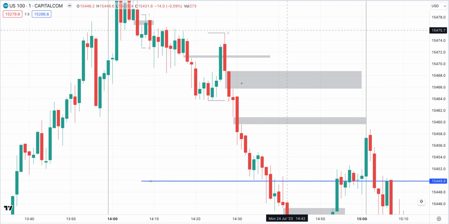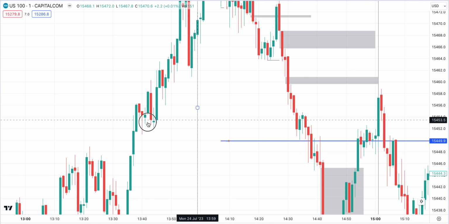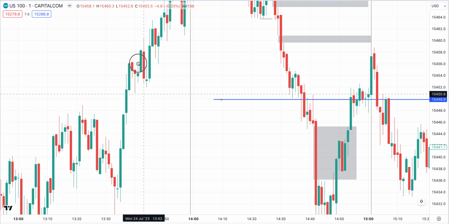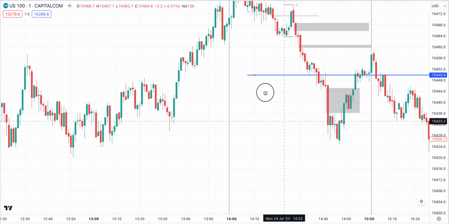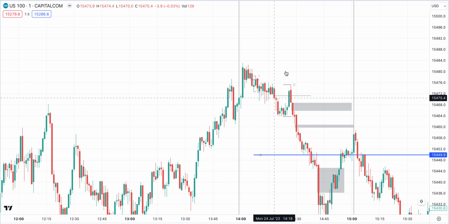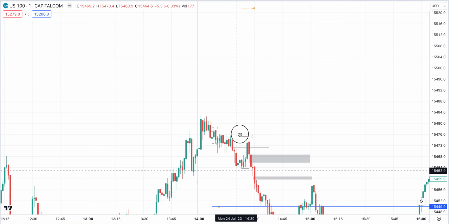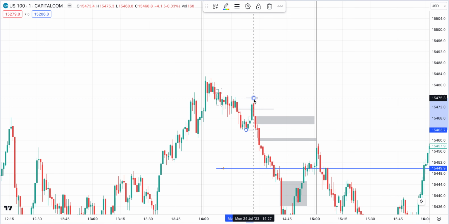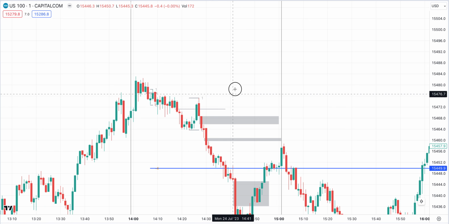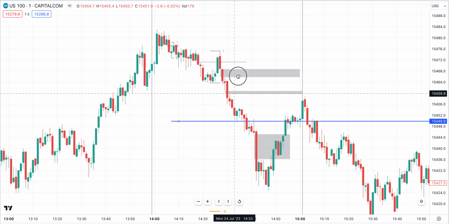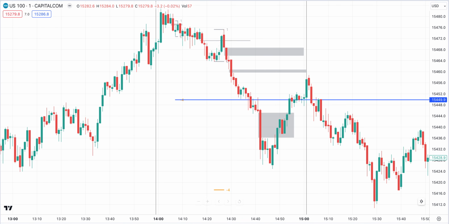Now we're going to look at where the -4 standard deviation is falling. Wait, I did it the wrong way, so -4 is up there. Okay, let's do it. It's going down, so I'm looking at this high to this low. And -4 is here.